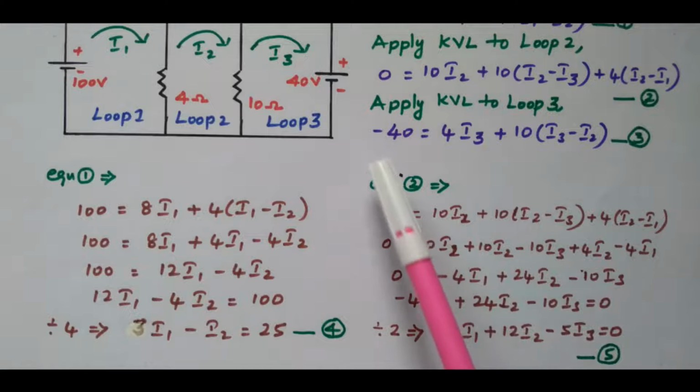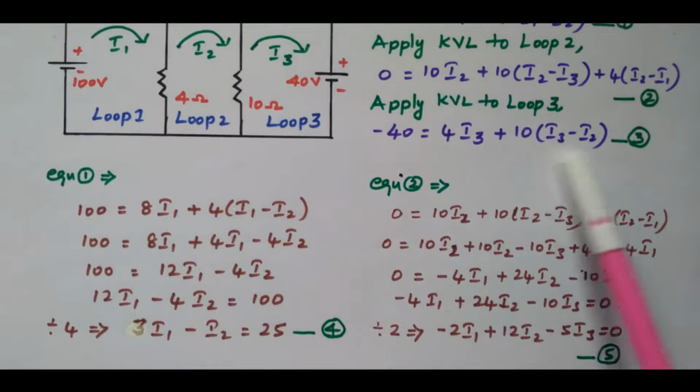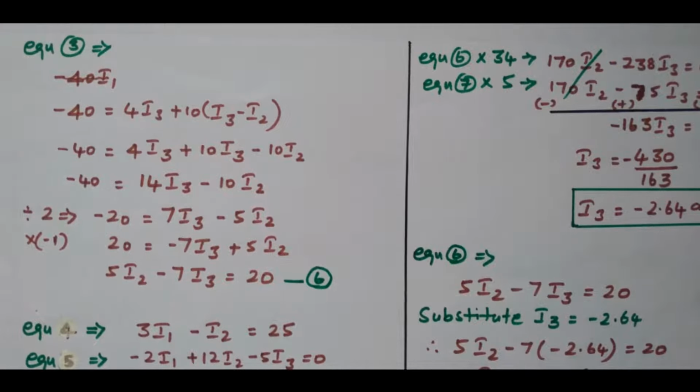Now we'll consider equation 3 and simplify it. Equation 3 is minus 40 equal to 4i3 plus 10(i3 minus i2). Now we'll go for further simplification. We can multiply this 10 inside. So minus 40 equal to 4i3 plus 10 into i3 minus 10 into i2.